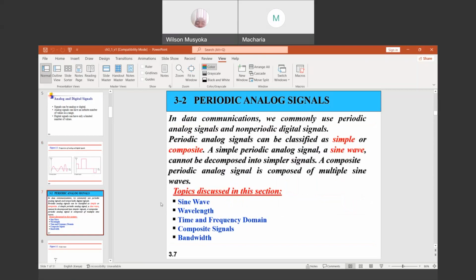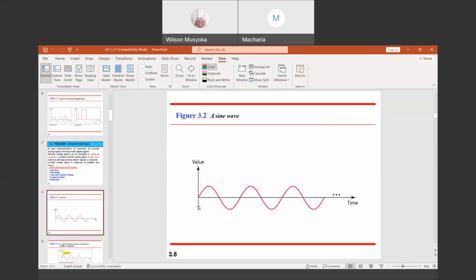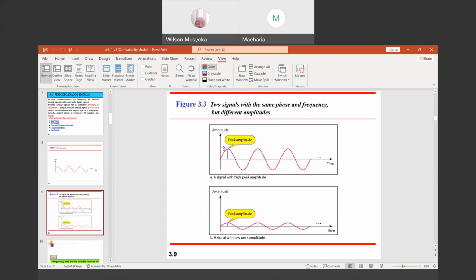In a composite signal, the periodic analog signal is composed of multiple sine waves. Here the simple sine wave has the properties of amplitude, which is the height, time, and shift, those three.